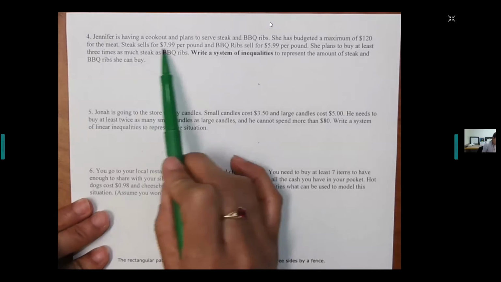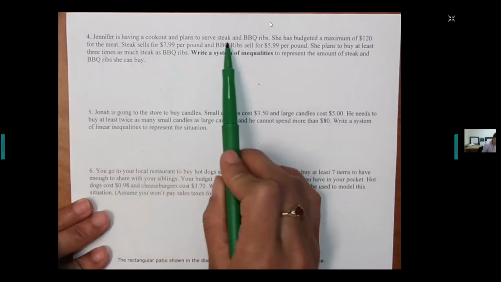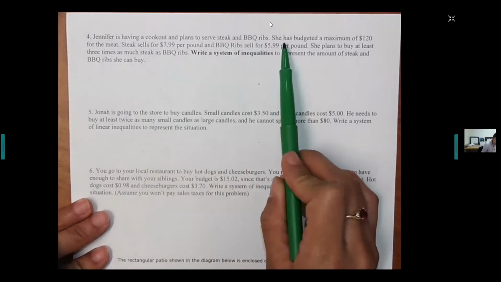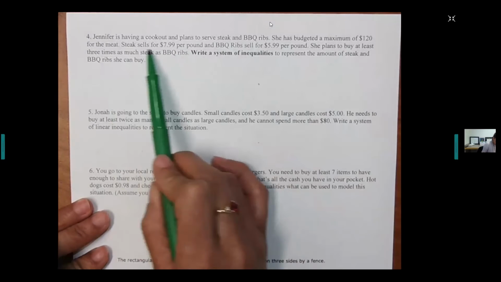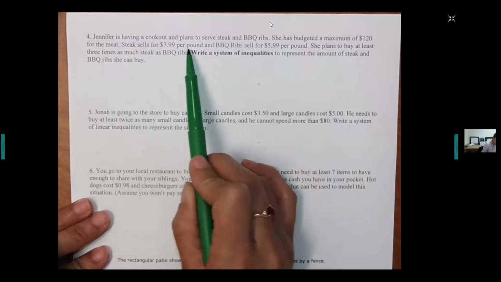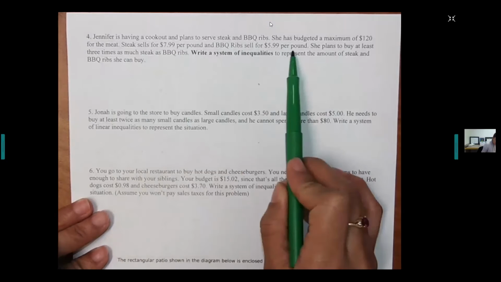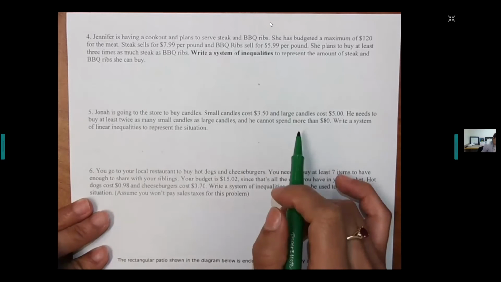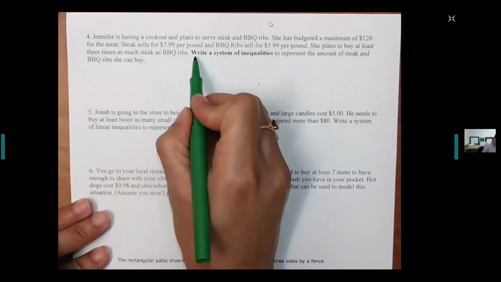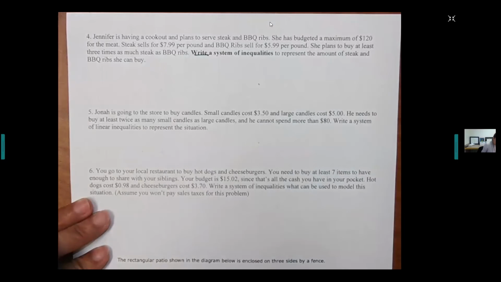Jennifer is having a cookout and plans to serve steak and barbecue ribs. She has budgeted a maximum of $120 for the meat. Steak sells for $7.99 per pound, and barbecue ribs sell for $5.99 per pound. She plans to buy at least 3 times as much steak as barbecue ribs. Write a system of inequalities to represent the amount of steak and barbecue ribs she can buy.